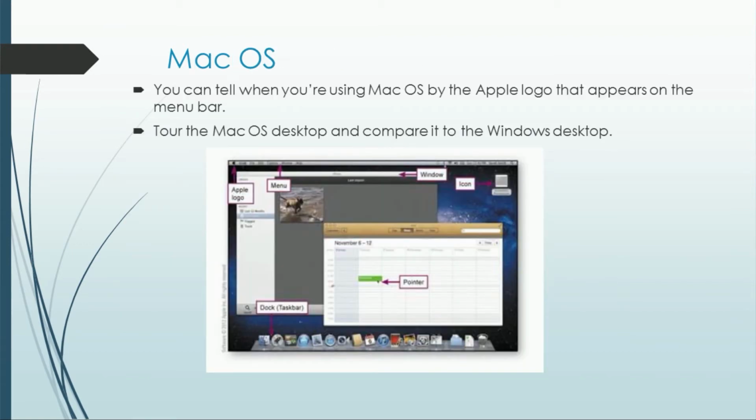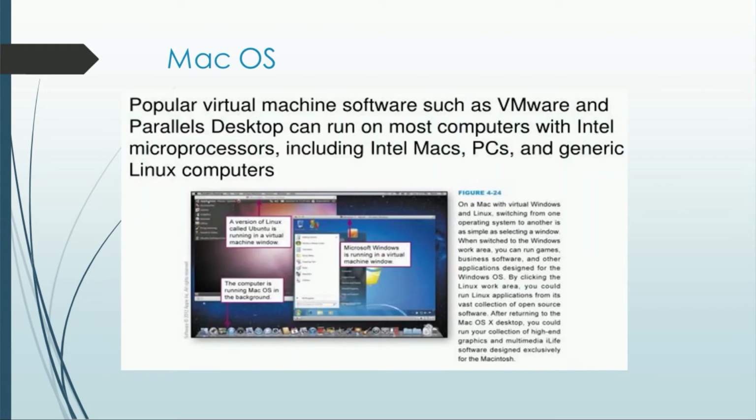Second is the Mac operation system. I already said how to work with it. You can tell when you are using the Mac operation system by the Apple logo that appears on the menu bar of the Mac operation system desktop, compared with the Windows desktop.